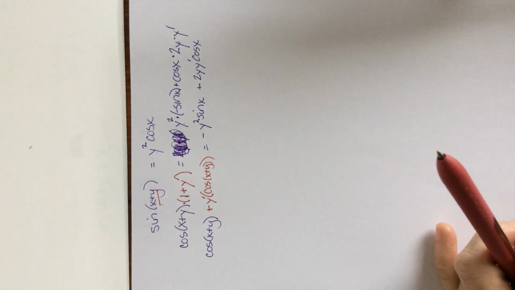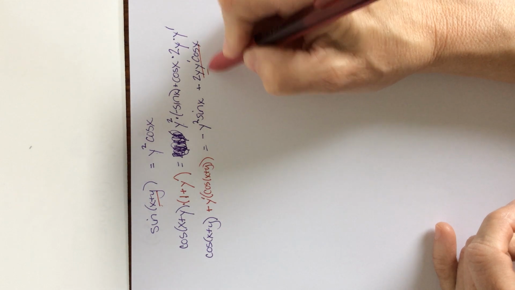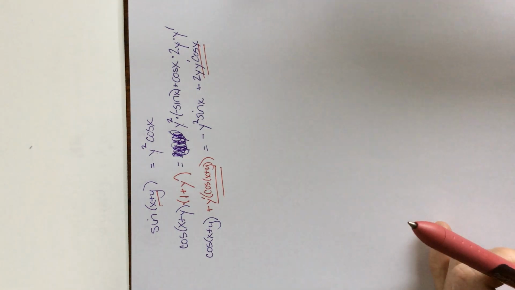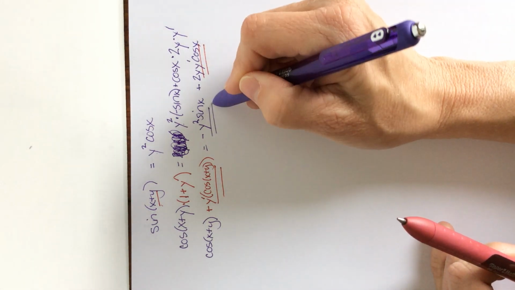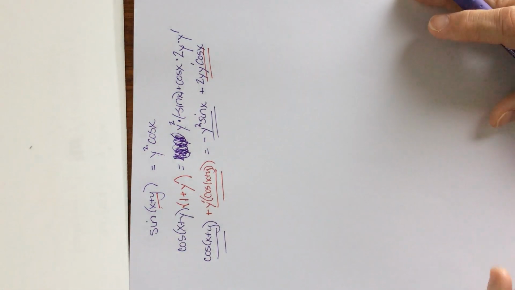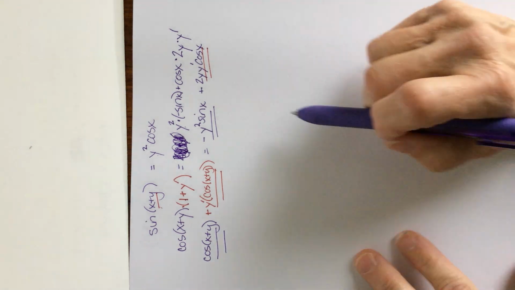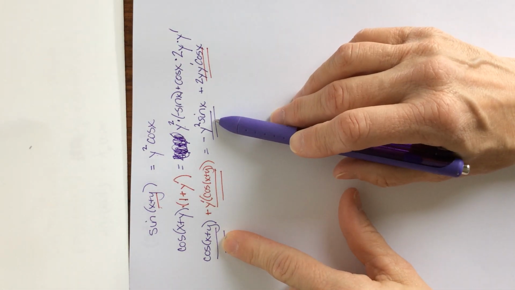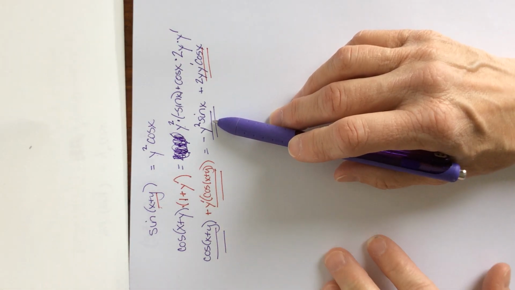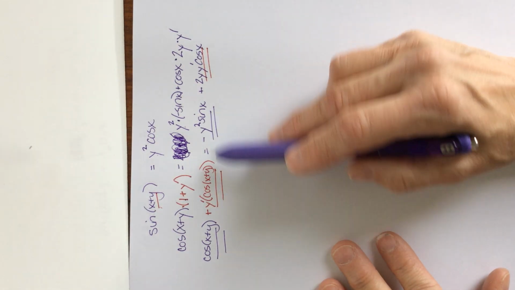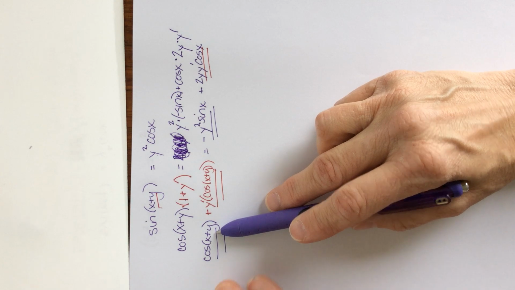So now it's a matter of, we have this term that has a y prime, and this term that has a y prime. These two terms do not have a y prime. So I want to get the terms with the y prime on one side and the terms without on the other. I'm just going to add the y squared sine of x to the left.